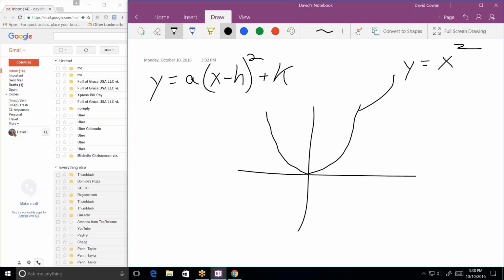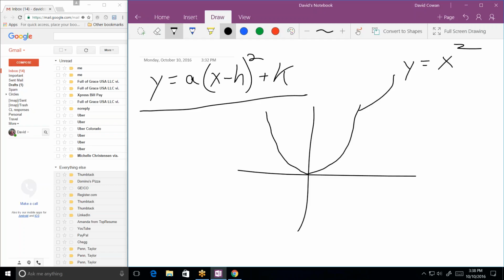It's just that one that is centered at the origin where h and k are 0 and a is 1 ends up y equals x squared. You with me? Okay? Because they're going to make it more complicated for you. In other words, they're going to change this general format.